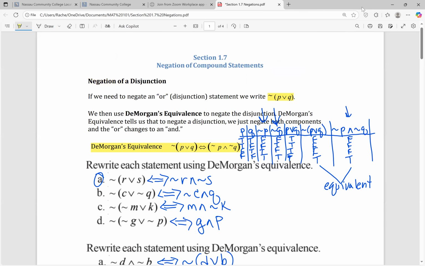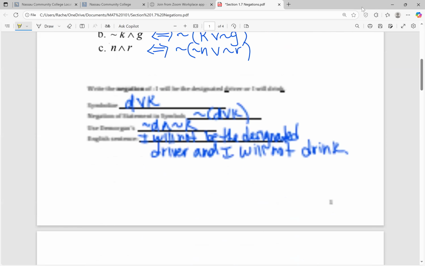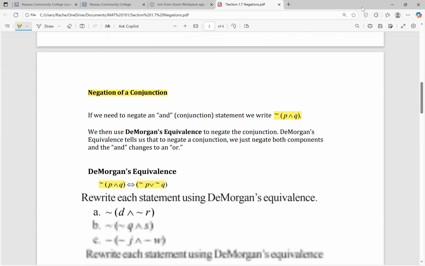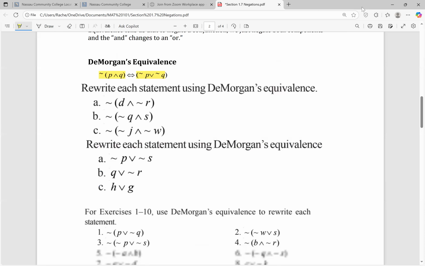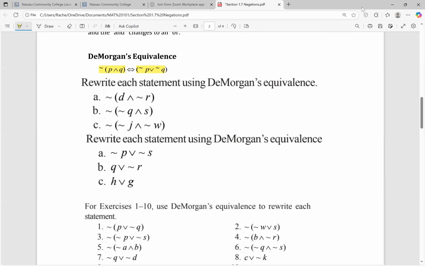We showed that not P or Q is equivalent to not P and not Q. If we were to write the truth table for these two statements, they would hold the same truth values all the way down.